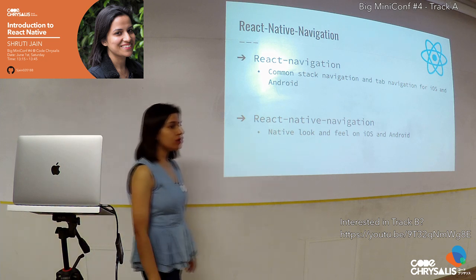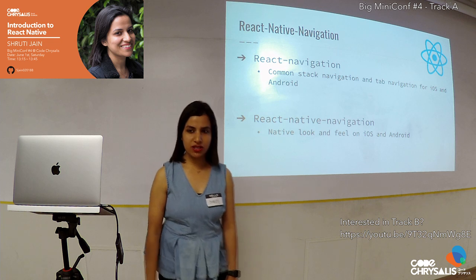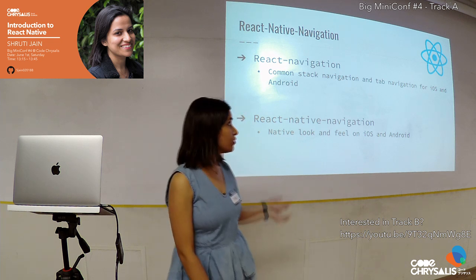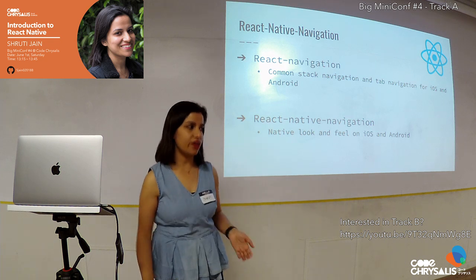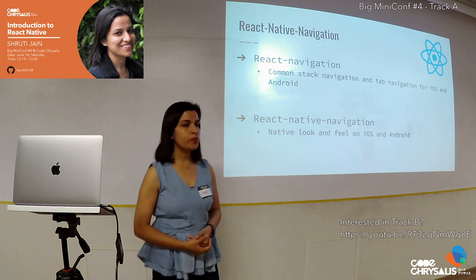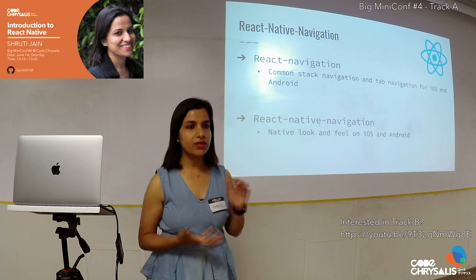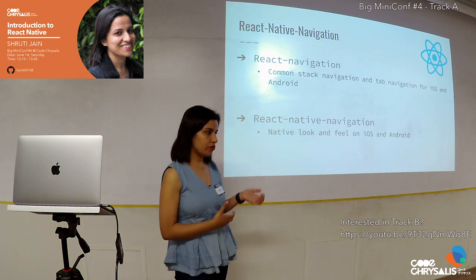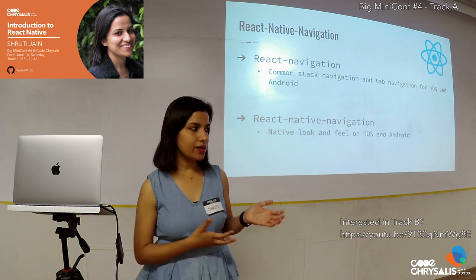On the official site of React Native, there are two packages that are mentioned. One is React Navigation and another one is React Native Navigation. What is the difference between these two? In case of React Navigation, you have a common stack for iOS and Android, so common code to handle the navigation.